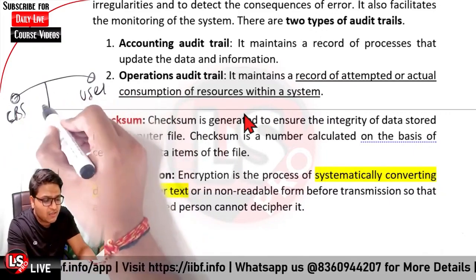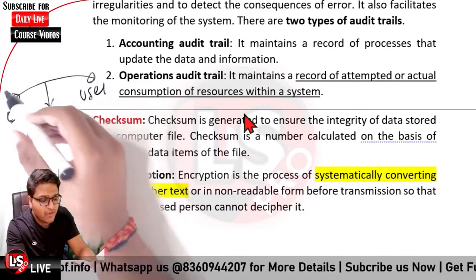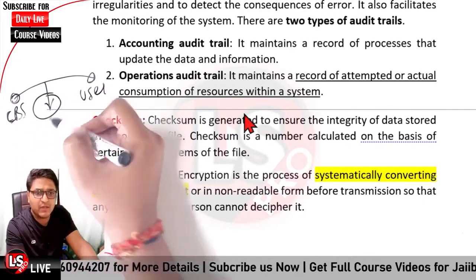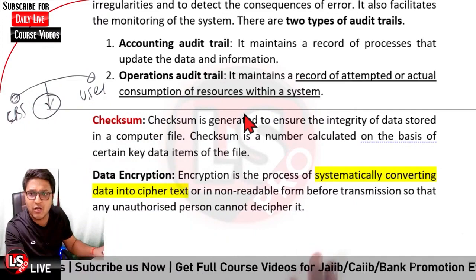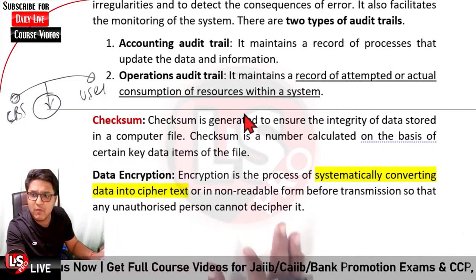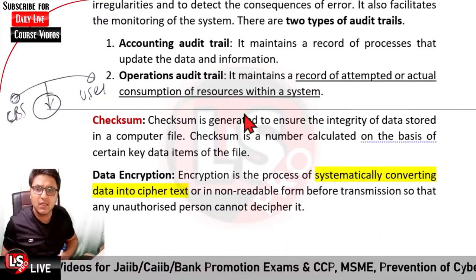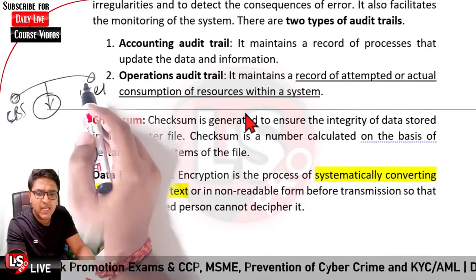The data may be intercepted in between the transmission and it could be altered. When the text is ciphered, even if the data is intercepted in between, it cannot be read. It is not in readable form because the data is not in actual form. It is in the form of ciphered text that the data is systematically converted into. Okay. And further, at both ends, it will be deciphered.